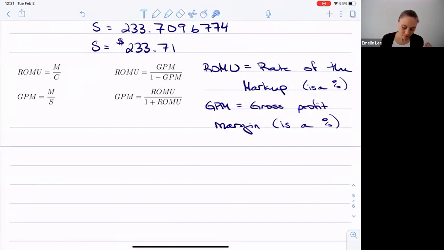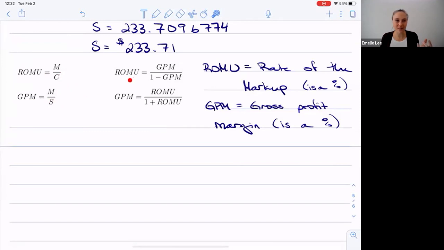Okay. So again, depending on the information that you have, if you have M and C, and I don't mean explicitly, I mean if you're able to solve for M and C, then you can find the raw mu if that's your goal, by just dividing the two. Or if it's easier, one thing you could do is if you have M and S already explicitly, you could find the gross profit margin and then you could find the raw mu.